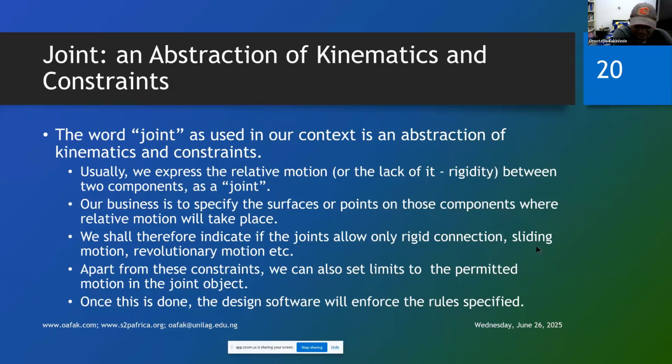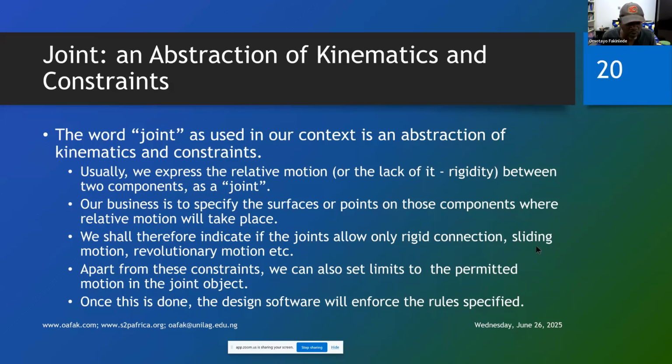If it's really important, I can read it up and show you how to do it. Apart from these constraints, we can also set limits to the permitted motion in each object. Once this is done, the design software will enforce the rules that we have specified. So we are not just having constraints, we are having limits. For the fact that 2 things can oscillate, we can say, okay, let them not oscillate beyond 30 degrees of each other.